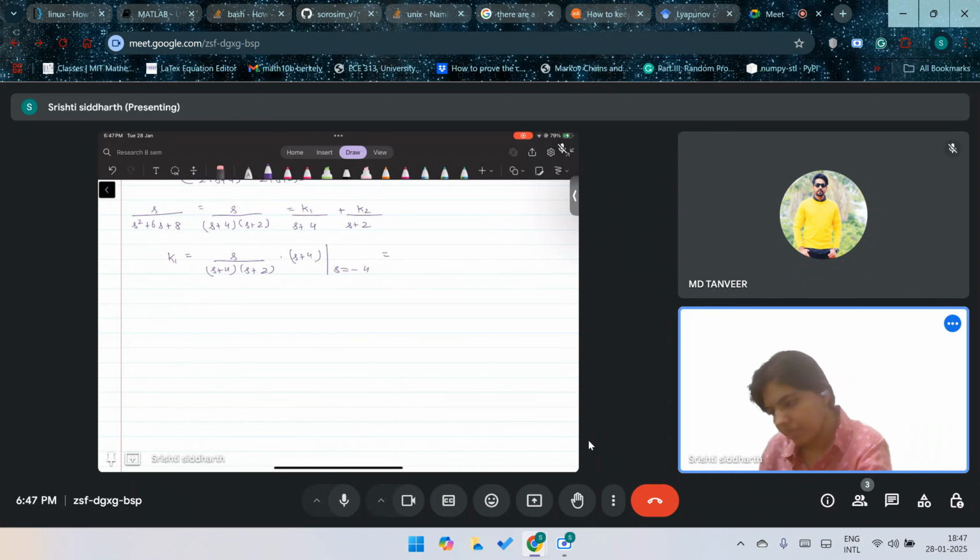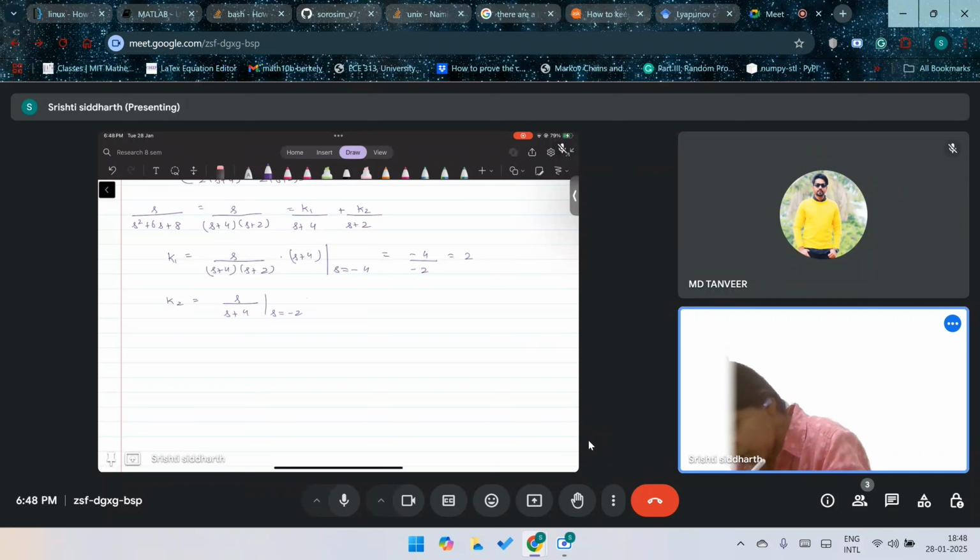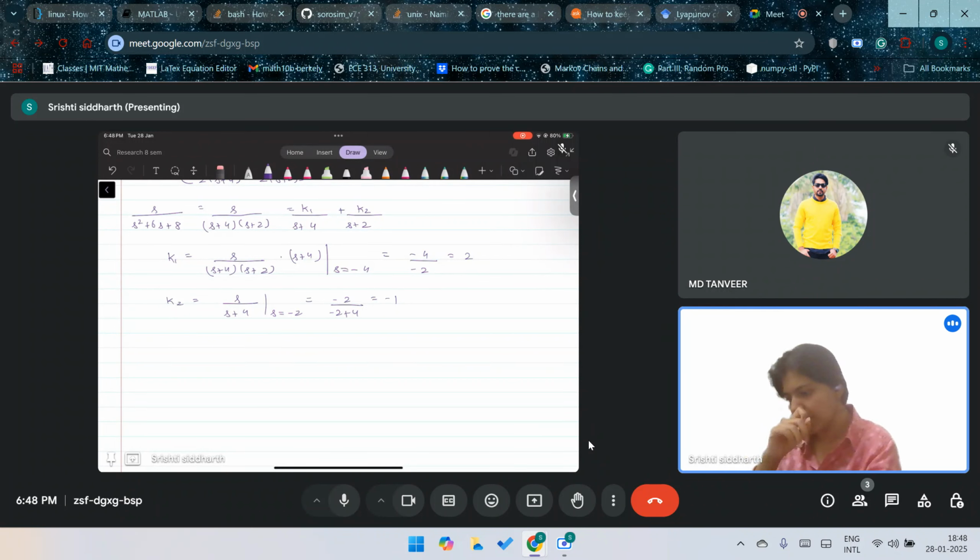So this becomes minus 4 over minus 2, which is 2. And similarly, K2 is s over s plus 4 at minus 2, so this is minus 1. Let me just check once again.